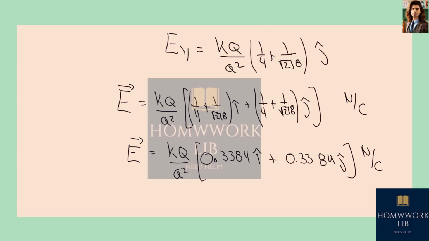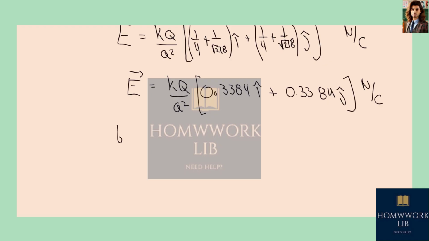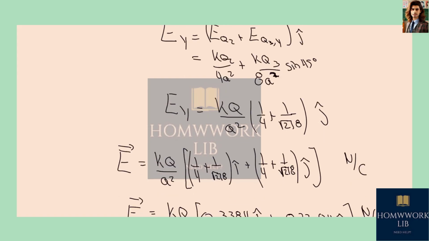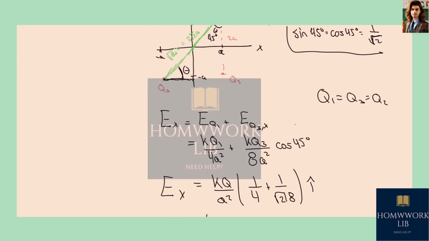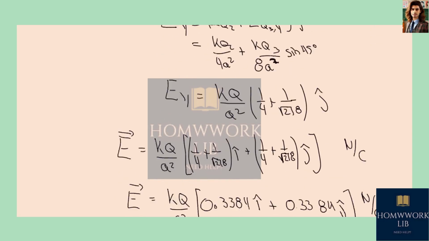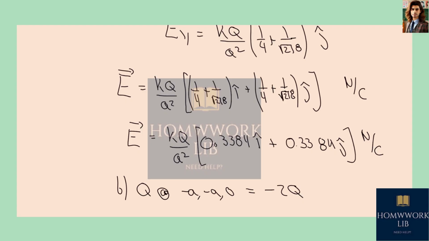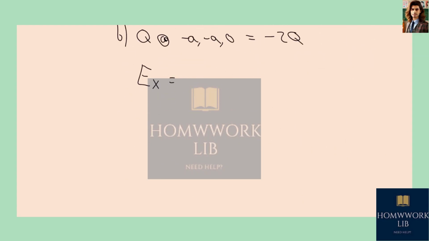So now on the second case, which would be part B, we're asked what happens if the charge at minus a, minus a, 0 is equal to minus 2 times Q. What is going to happen is that each of the factors is going to change, but regardless, because of the symmetry of the problem, the components of x and y are going to stay the same. So now the component on x, in this case, the first factor stays the same, kQ divided by a squared.